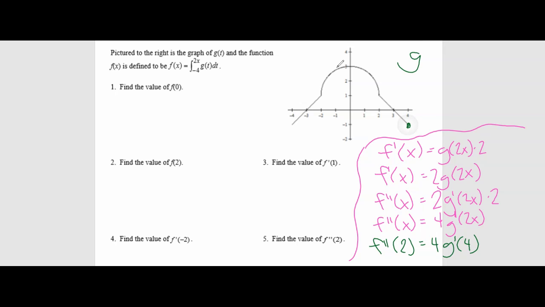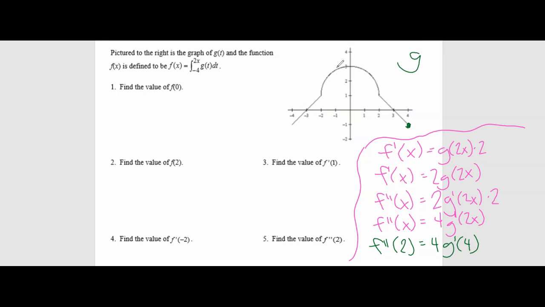So right here, the problem is that function is not continuous at x equals 4. It's continuous up to x equals 4, but the function stops at x equals 4. So the limit of the left-hand side does not approach the same thing as the limit of the right-hand side.